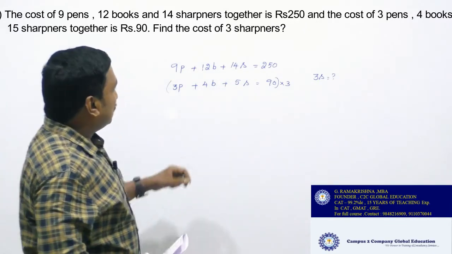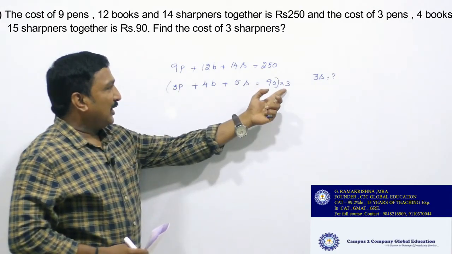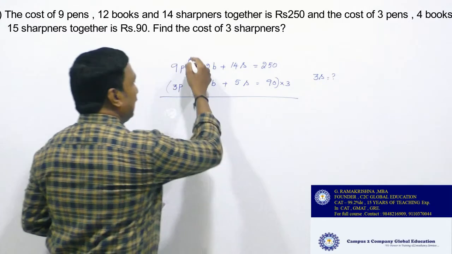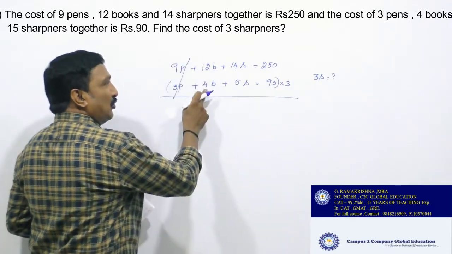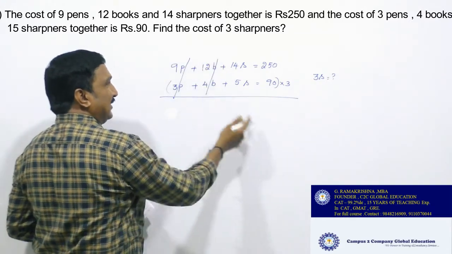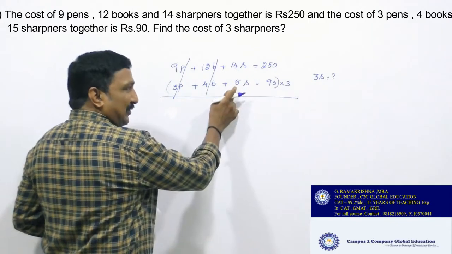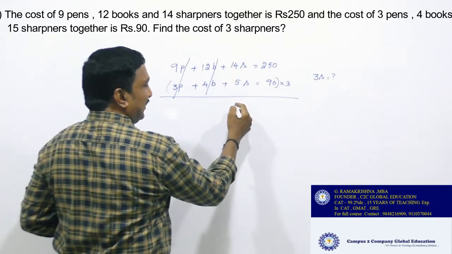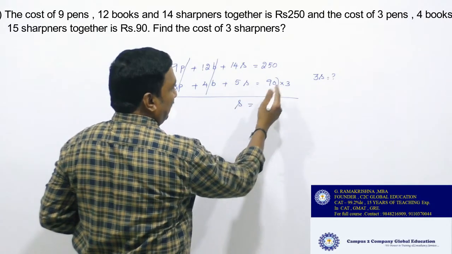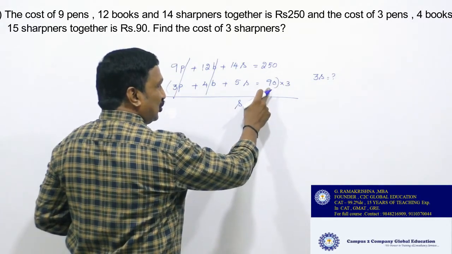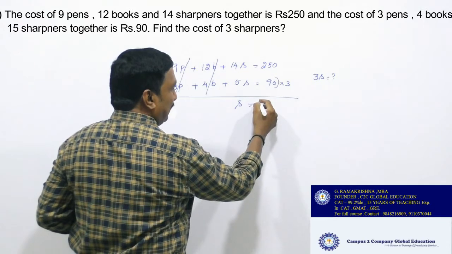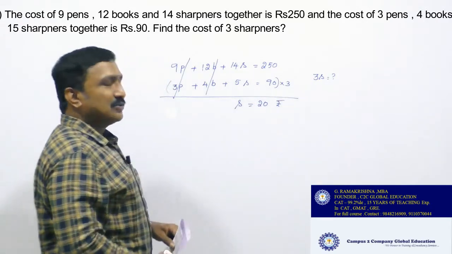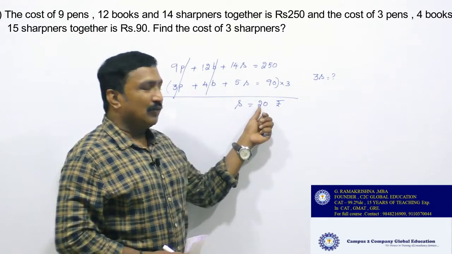Second equation multiplied by 3: 3 3s are 9 pens, 9 pens get cancelled, 3 4s are 12 books, 12 books get cancelled, 3 5s are 15 sharpeners, 15 sharpeners minus 14 sharpeners is equal to 1 sharpener. 3 90s are 270 minus 250 is equal to how much? 20 rupees. So the cost of a sharpener is 20 rupees.